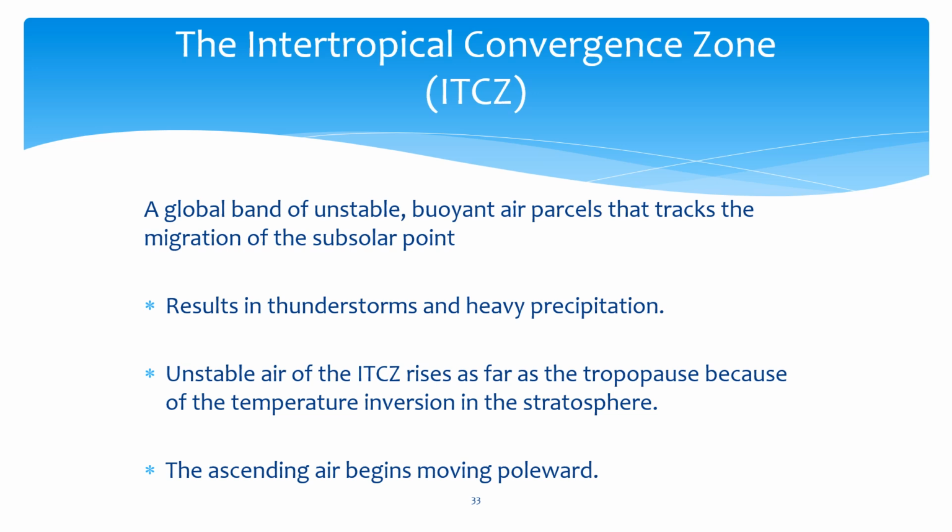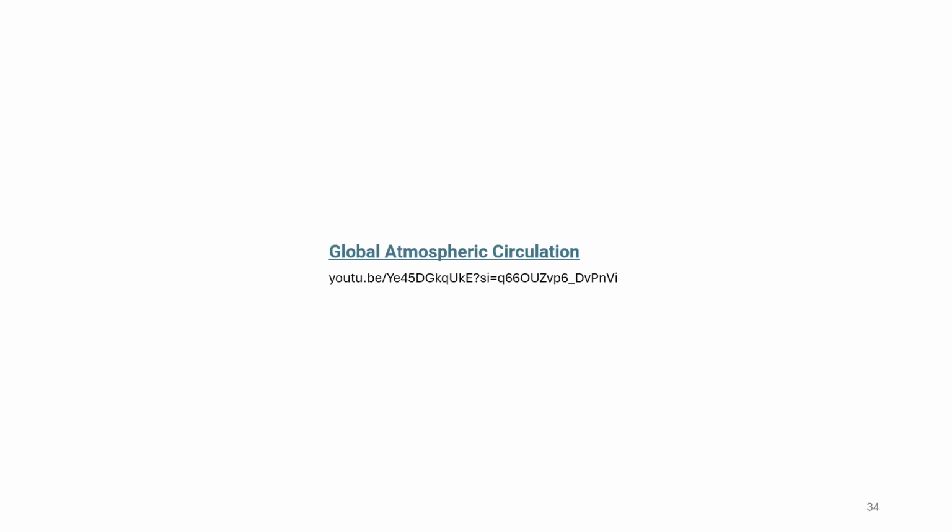We are going to stop here for just a minute or two to watch this quick video with an animation that I think is going to really help you understand and visualize what's going on with Earth circulations up to this point. It's also going to set us up for what's going on in the mid-latitudes, because in the mid-latitudes, our air circulation results more from the dynamic forcing of air than from those thermal differentials.